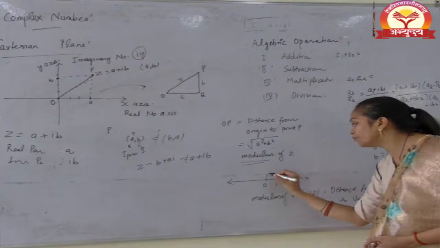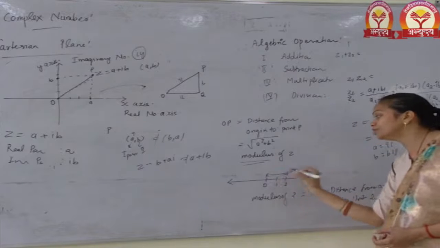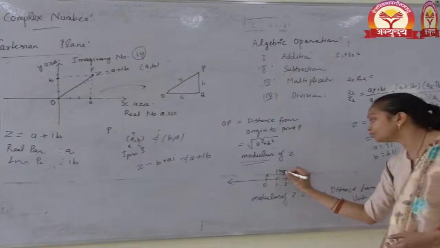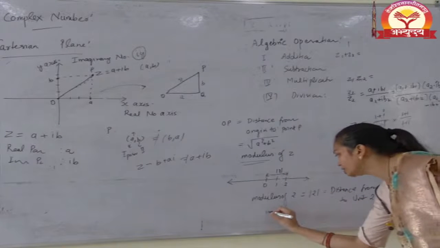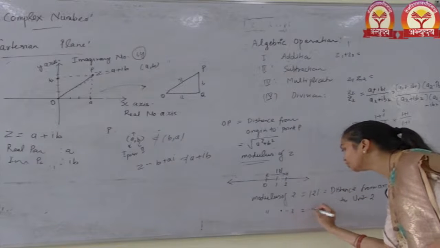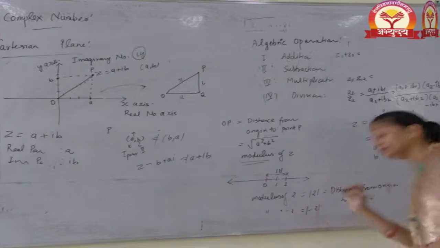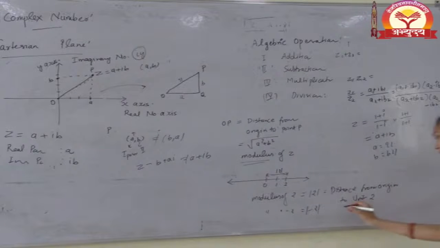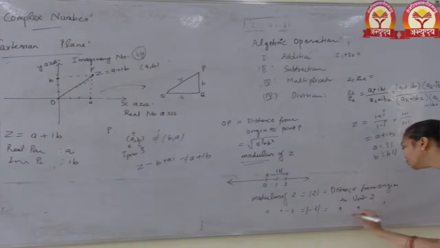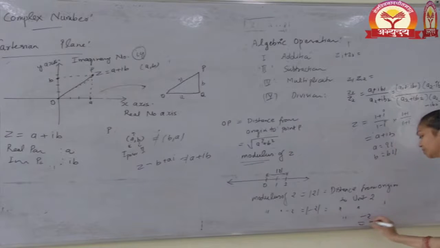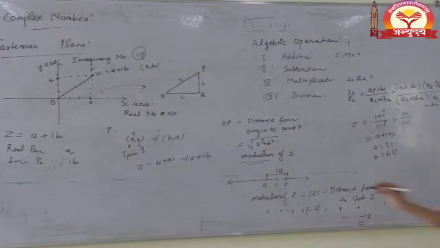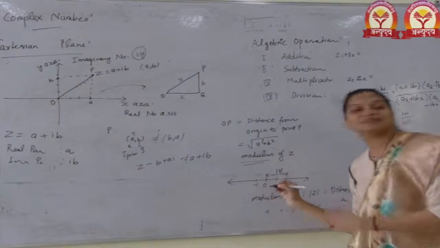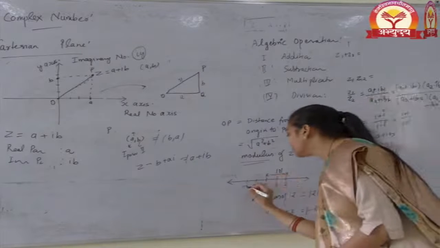That means you are trying to find the distance between these two points. This one is the modulus of 2. Similarly, modulus of -2 is what? यानी कि हम माइनस, सेम यानी कि डिस्टेंस फ्रॉम ओरिजिन टू -2. मतलब -2 को डिफरेंस देंगे. वो कहां पर है? दिस वन इज अ माइनस, हमें लेफ्ट जाना पड़ेगा एंड दिस वन इज अ -2.